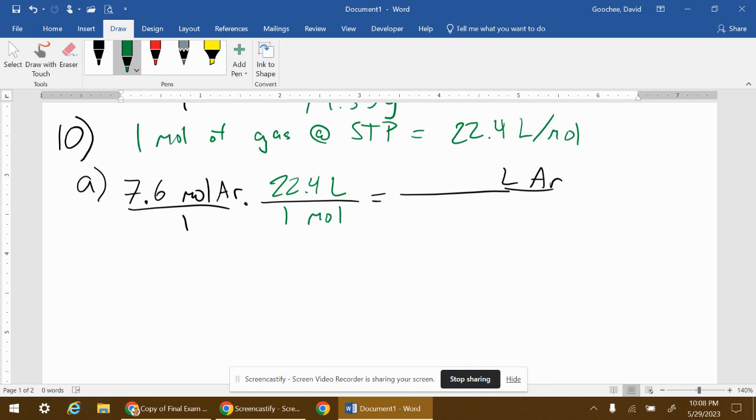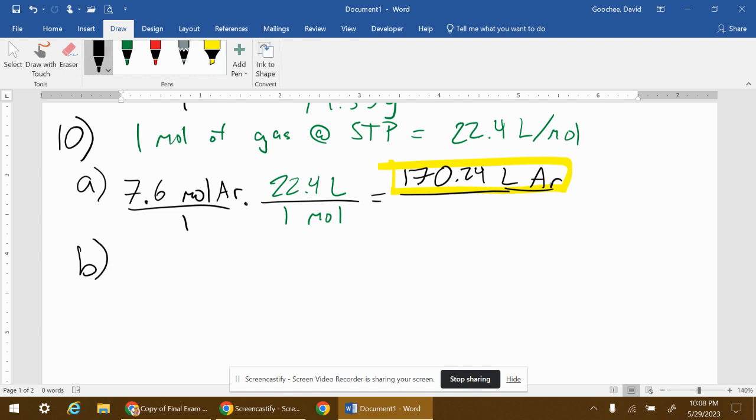So 22.4 times 7.6 gets us 170.24. Boom. That's how many liters of argon. Now that's an easy one, all right? Let's kick it up a notch.